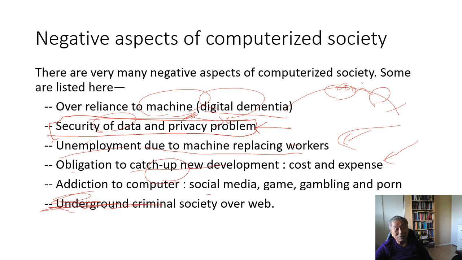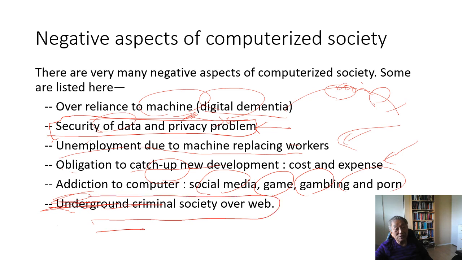Social media, they spend their time just doing this, and games, gambling, and porn. Those kinds of negative contents become their daily chores. That's no good. Then the underground criminal society is flourishing over the web.